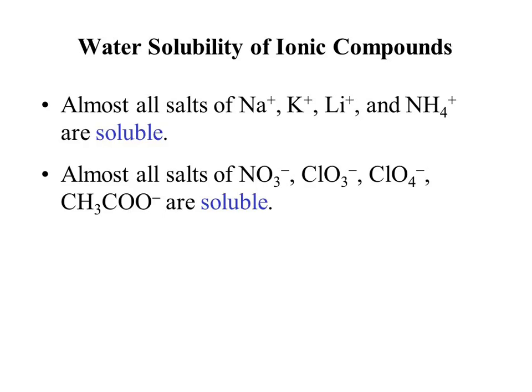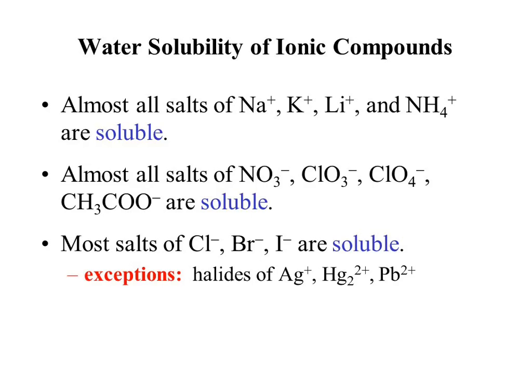If you look at the anion portion, and the anion is nitrate, chlorate, perchlorate, or acetate, then your salt is soluble in general. If your anion is a halogen, like chloride in sodium chloride, that's soluble in water.